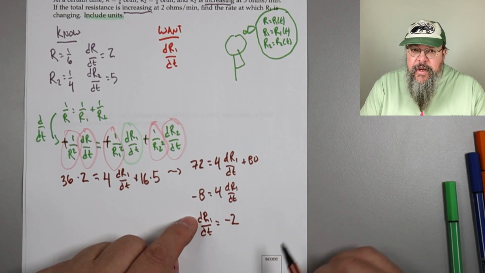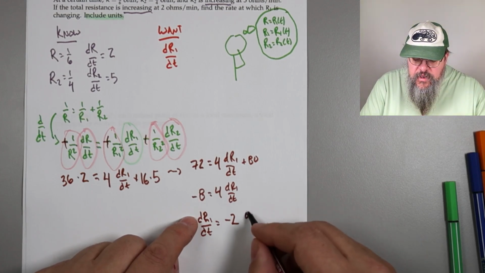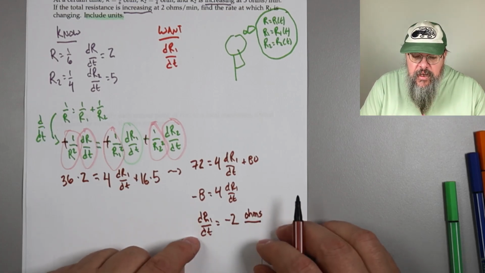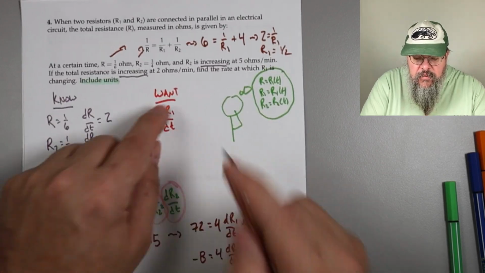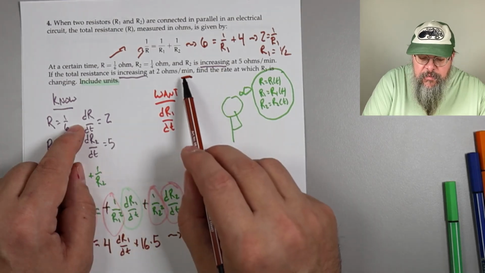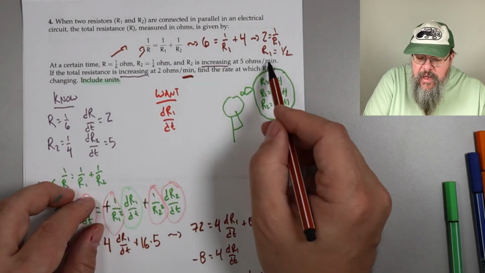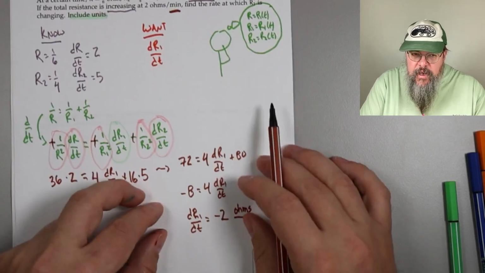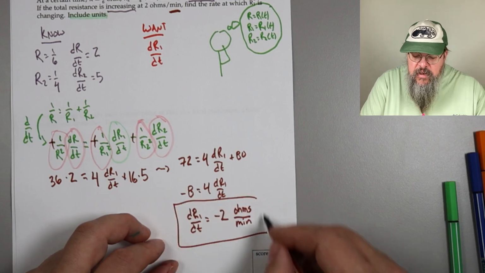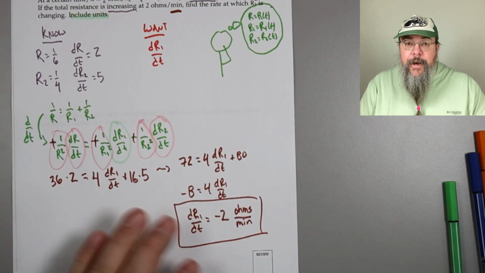R1 is being measured in ohms. So we put ohms per, what is T? T is minutes, because it tells us minutes there, the same as right here. So it's ohms per minute, and we are done with that problem.